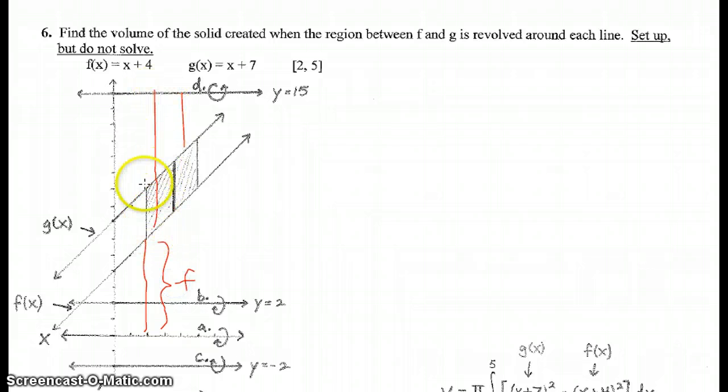So what is that length? Well, from all the way here down is 15, and this is f, then that means my outer radius is 15 minus f.